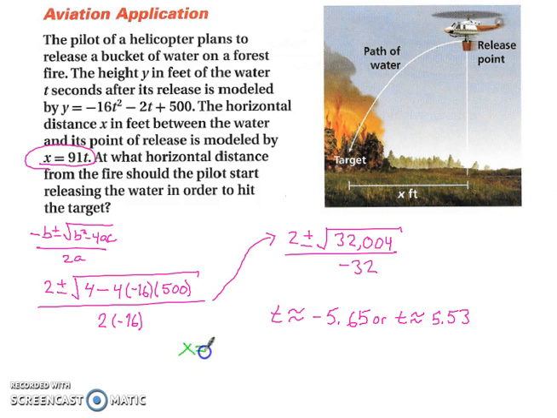So now we have x equals 91 times 5.5, which then gives you 500.5. So the water will have traveled a horizontal distance of about 500 feet. Therefore, the pilot should start releasing the water when the horizontal distance between the helicopter and the fire is about 500 feet.